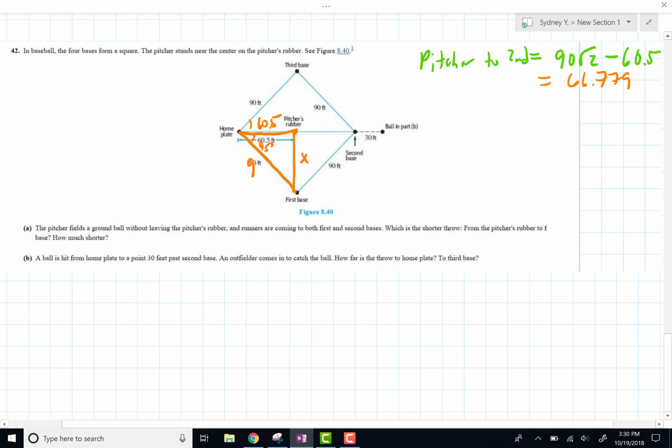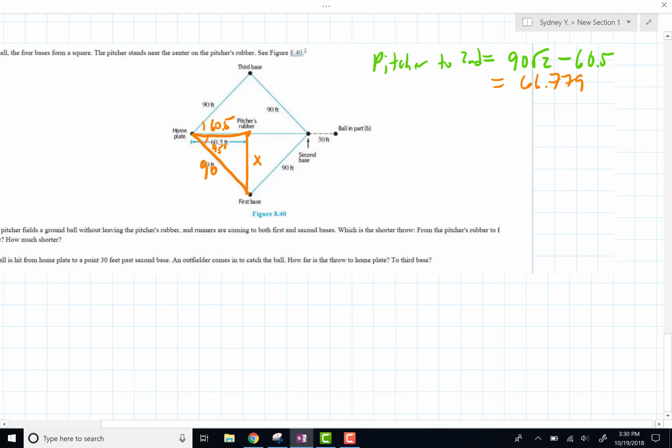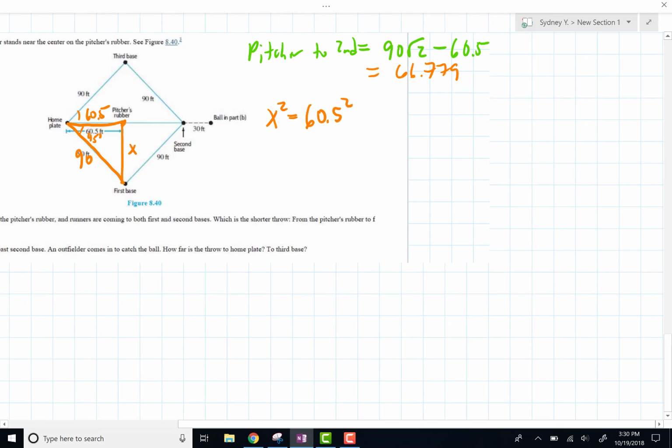And this is 90. So now we're going to use law of cosines again because we've got a side angle side case to say that x squared equals 60.5 squared plus 90 squared minus 2 times 60.5 times 90 times the cosine of 45 degrees.